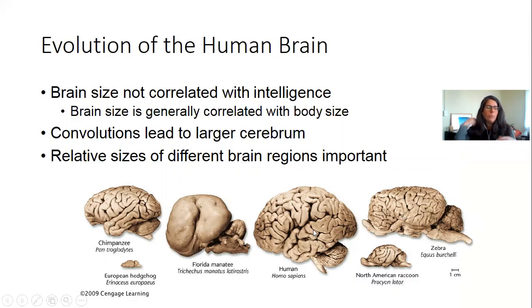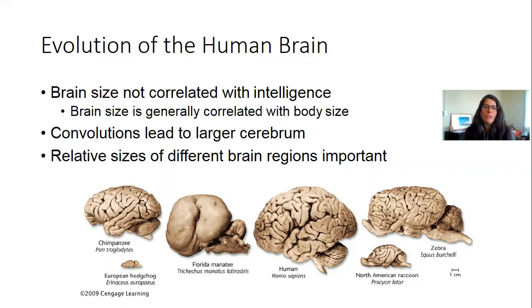The size of the brain is correlated with the size of the body. So if you look at the difference in brain size between genetic males and genetic females, the brain size of genetic males is larger. That's just because it's correlated with the size of the body. It's actually the convolutions that lead to a larger cerebrum.